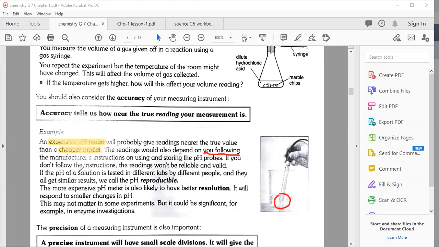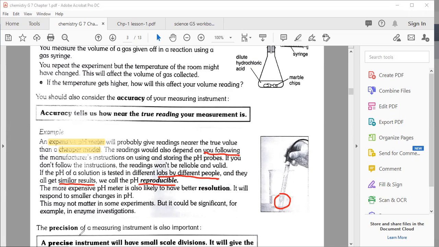If the pH of a solution is tested in different labs by different people and they all get similar results, we call the pH reading reproducible.